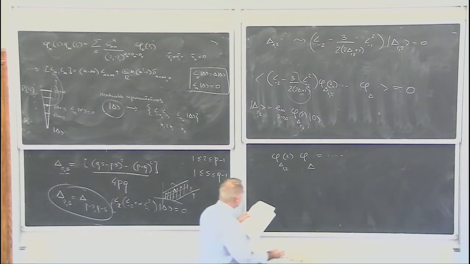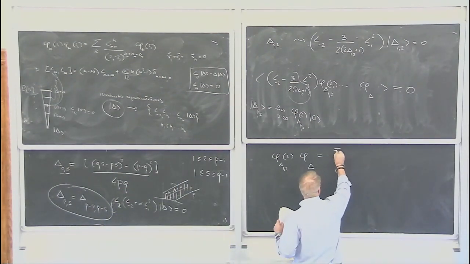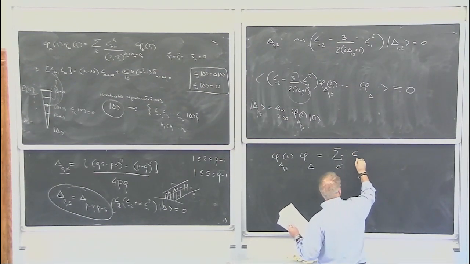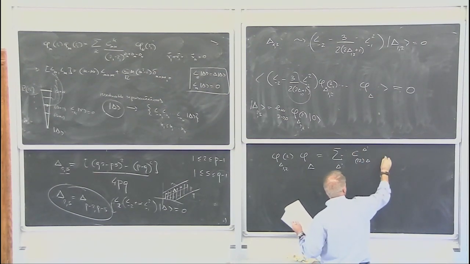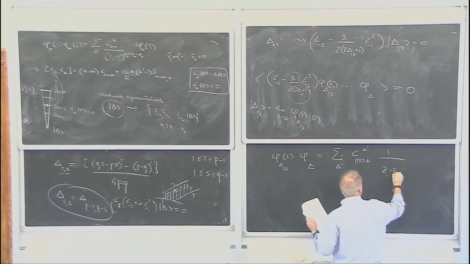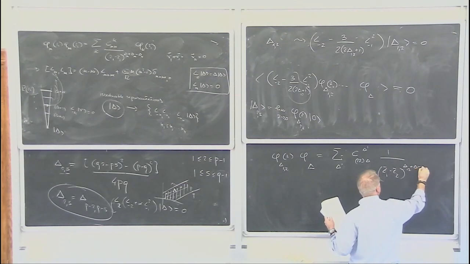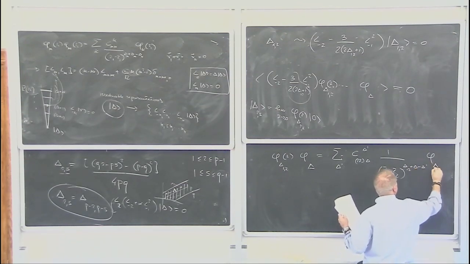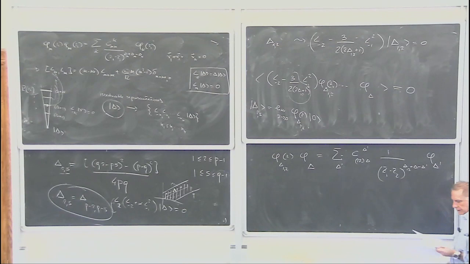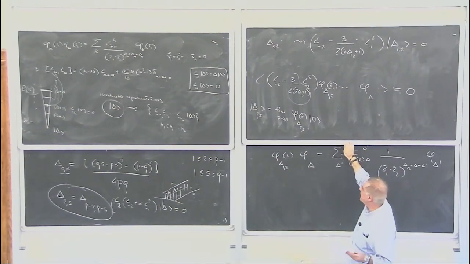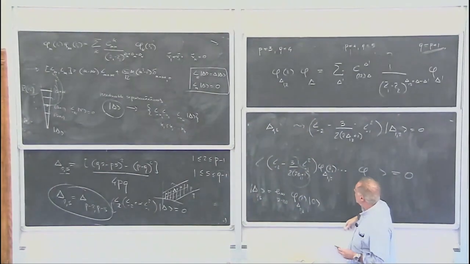So what is really here will be the sum over delta prime, C12 delta delta prime, 1 over z1 minus z2 to the power delta 1, 2 plus delta minus delta prime, phi delta prime. And I want to constrain what delta prime can be. Okay? Now, if you take this differential operator, you have to be a little more precise.